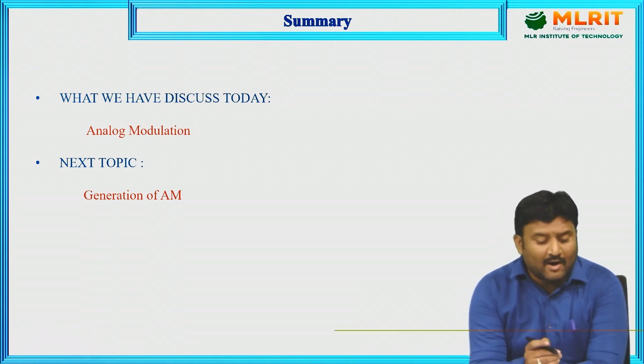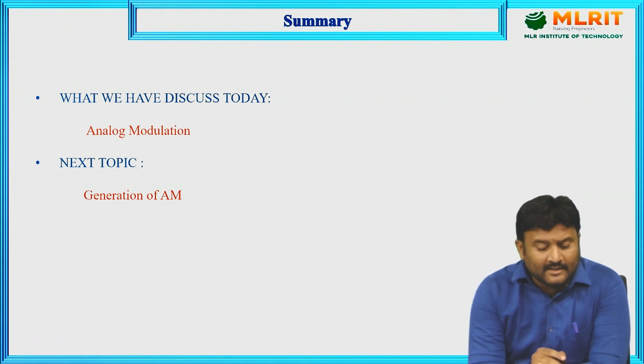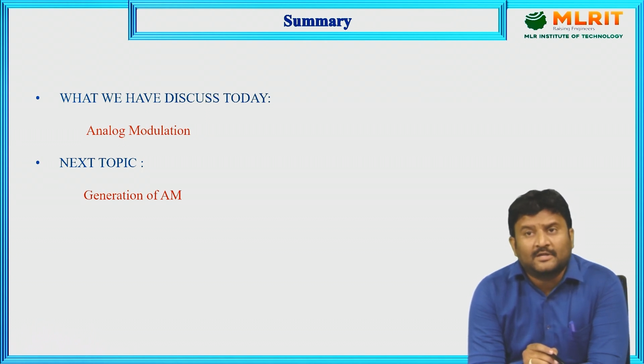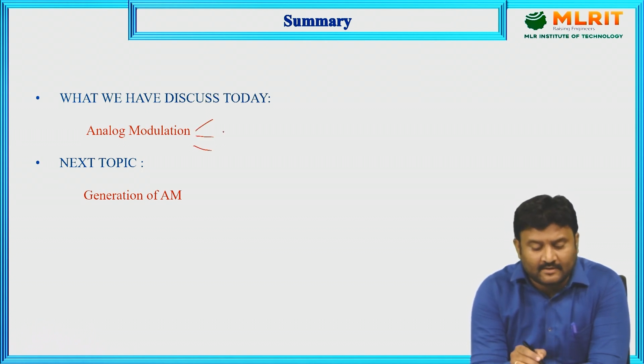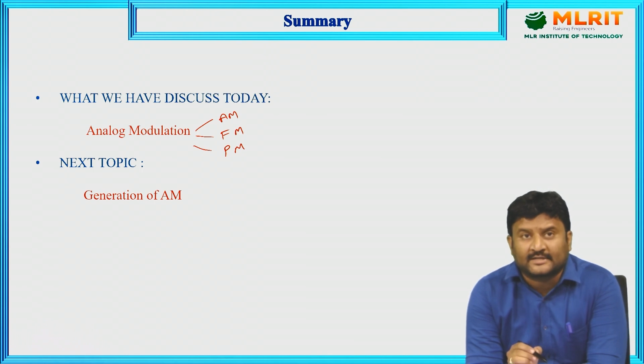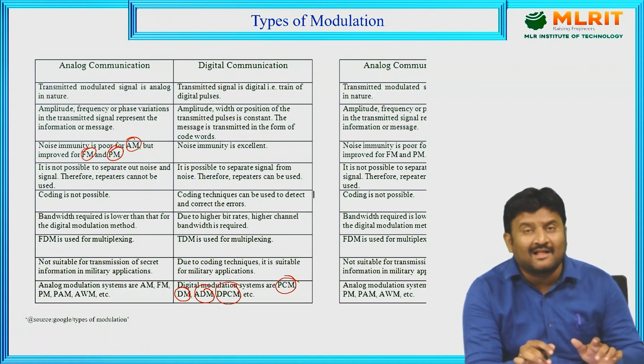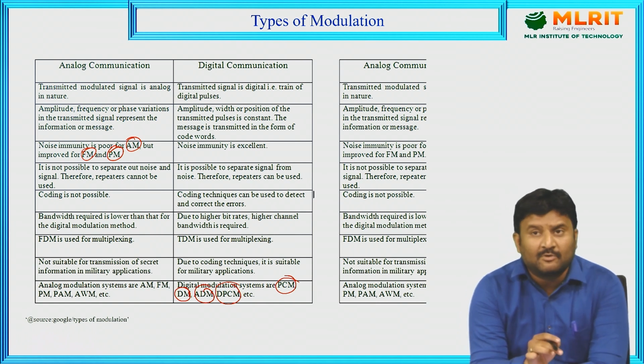Right now, what we discuss in this session is analog modulation. In analog modulation, we discuss three different modulation schemes: AM, FM and PM. AM is amplitude modulation, FM is frequency modulation and PM is phase modulation. And observe the previous comparison, which was already explained, but one more time I will repeat it here.